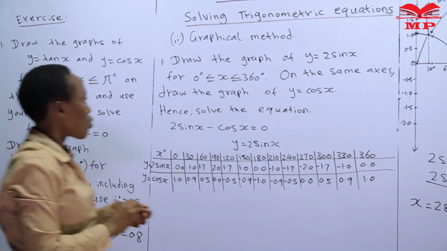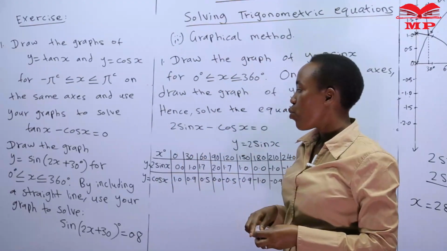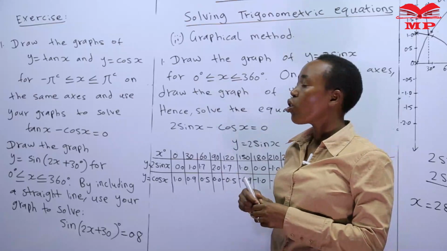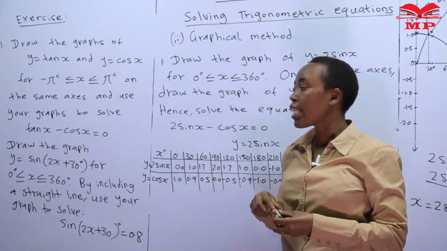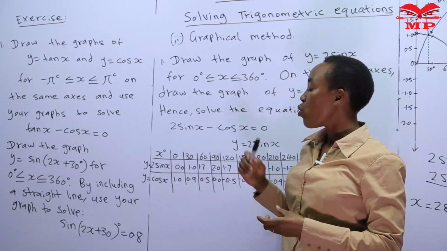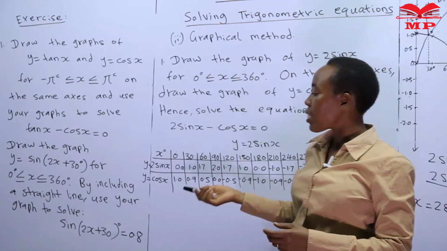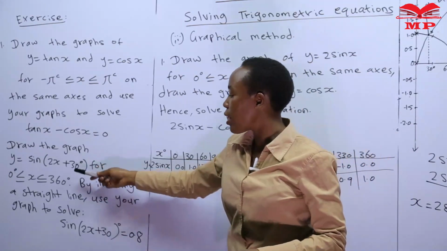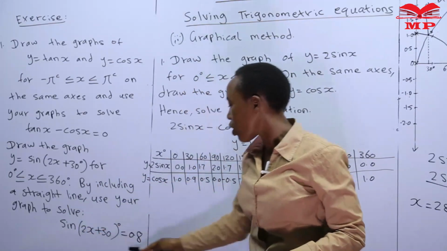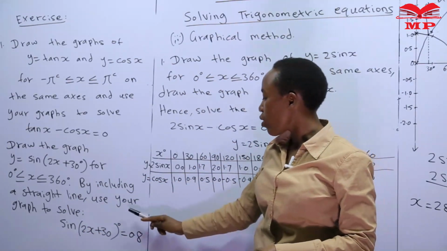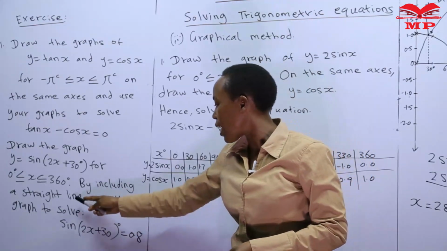So in all these questions whereby we are solving by graphical method, after plotting the graph, you need to apply the knowledge on quadratic equations, whereby you are plotting the quadratic curves and then using those curves to solve various equations. So you need to apply the same knowledge here, whereby after plotting this, you now come and get the equation that you are told to solve and see, is it a line that you are supposed to plot? Like in this, you are told that it is by including a straight line.